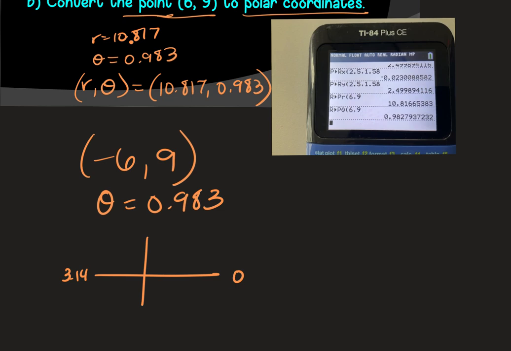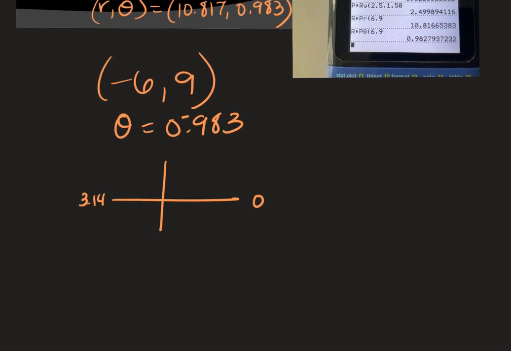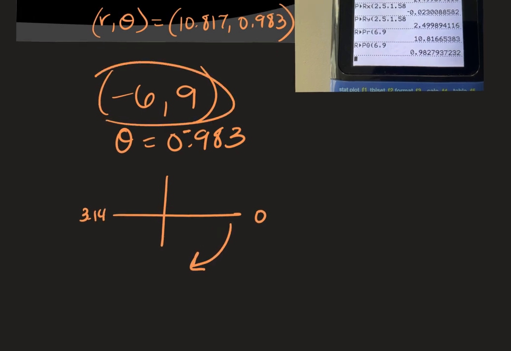Second tan of 9 divided by negative 6 gives you negative 0.983, which is actually in the fourth quadrant. But this coordinate point is in which quadrant? Negative 6, positive 9 puts you in what quadrant?